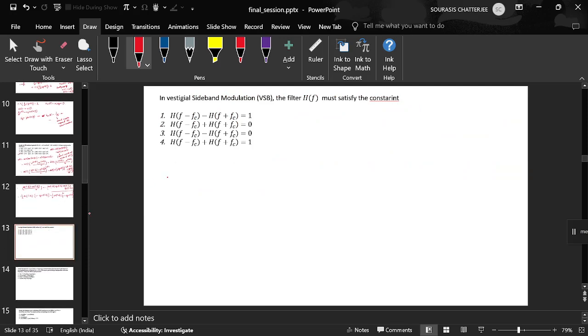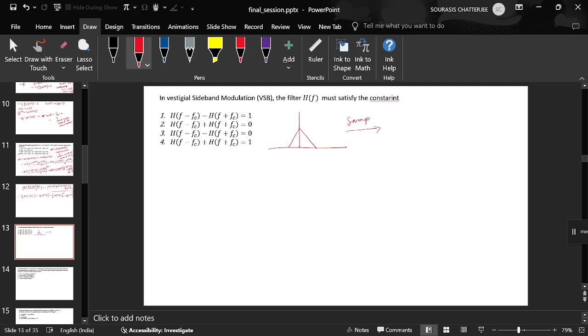So the next question concerned itself with vestigial sideband modulation and the constraints the filter H f must satisfy. I'll very briefly tell the concept of vestigial sideband modulation. Let's say this is your message signal.